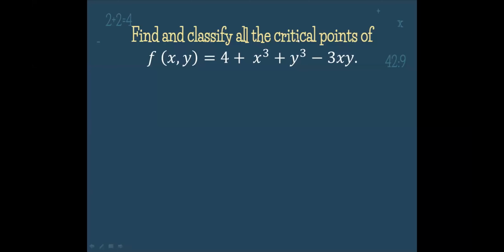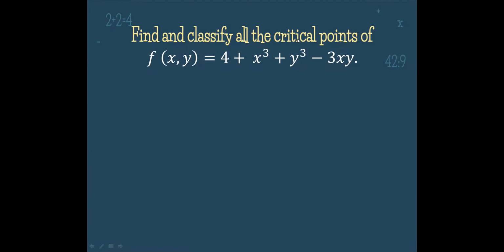Now, the way that we are going to find the local minimum and maximum is simply by using the second derivative test. And in order to use the second derivative test, we are going to need all three second order partial derivatives of the function f of x, y. In order to get the second order partial derivatives, of course, we need to find our first order partial derivatives, so this is going to be our first step.